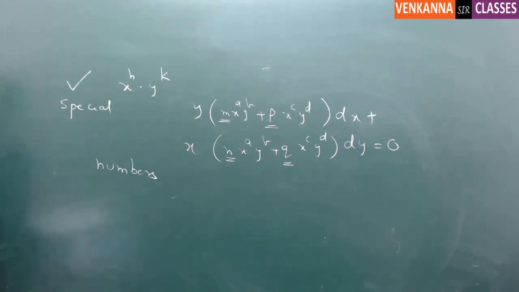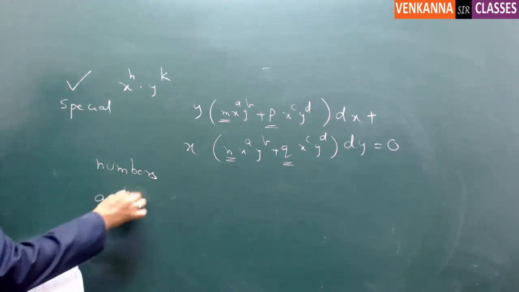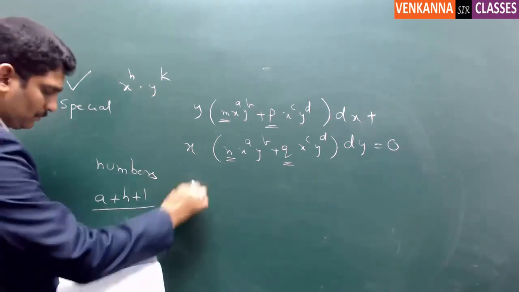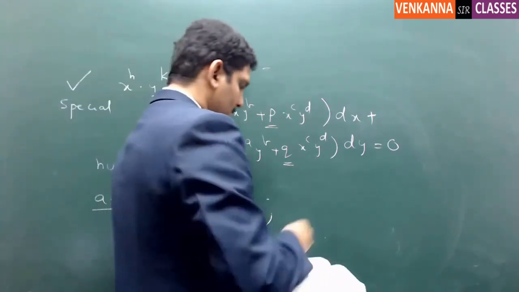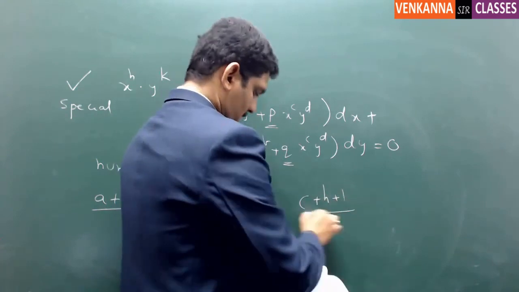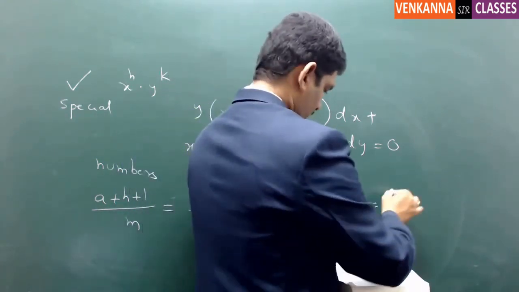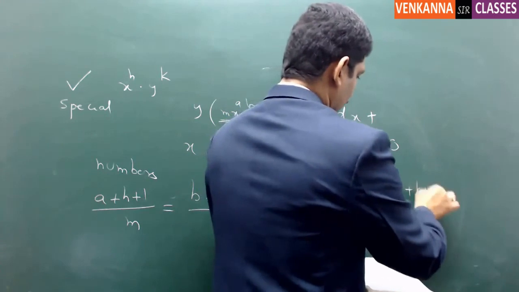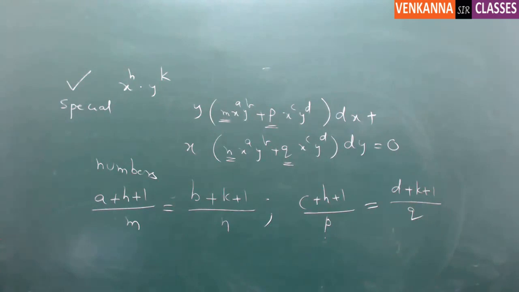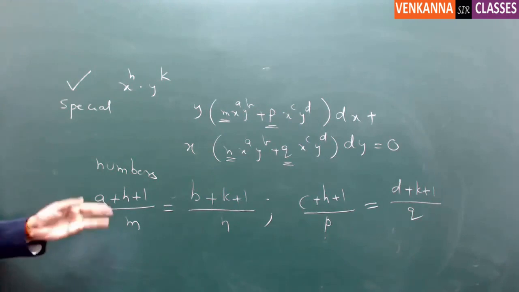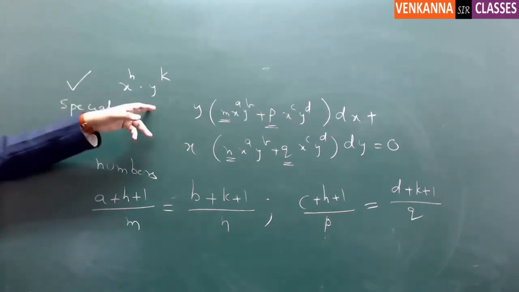And how to evaluate the value of h and k? For this, a simple formula is there. In the two equations, you simply substitute the respective values, and on solving them, you will have h and k values.